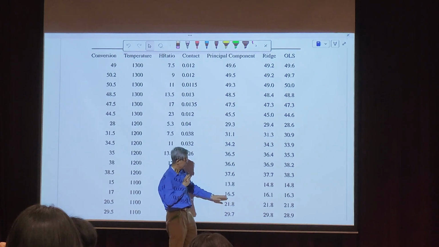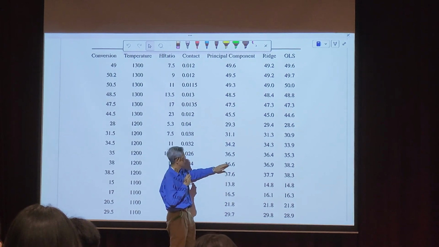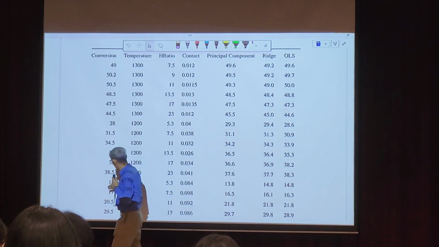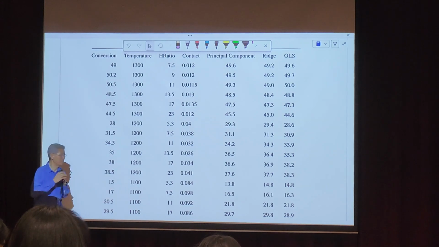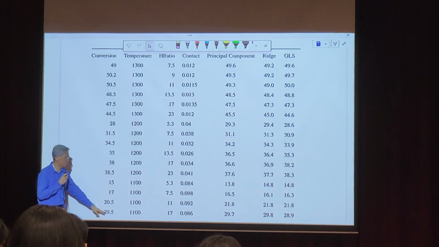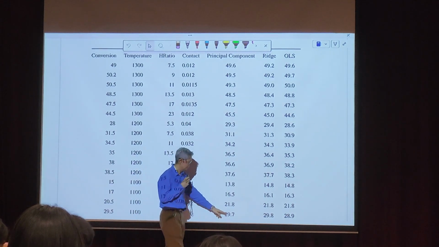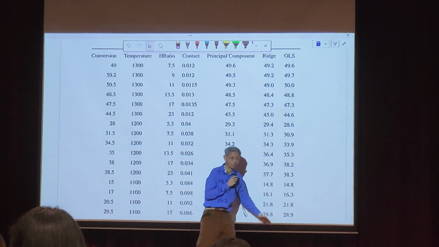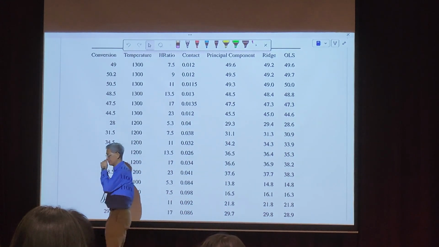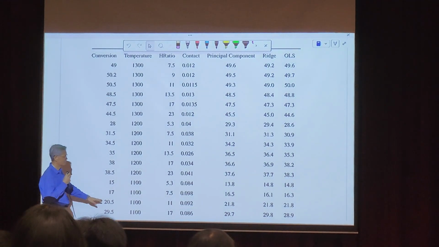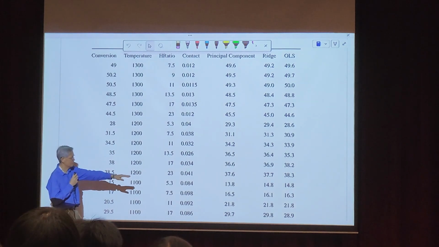As you can see, they are very close to the observed value. 29.5, 29.7, 29.8, 28.9. Very close. In fact, all are doing very well. 20.5, 21.8.